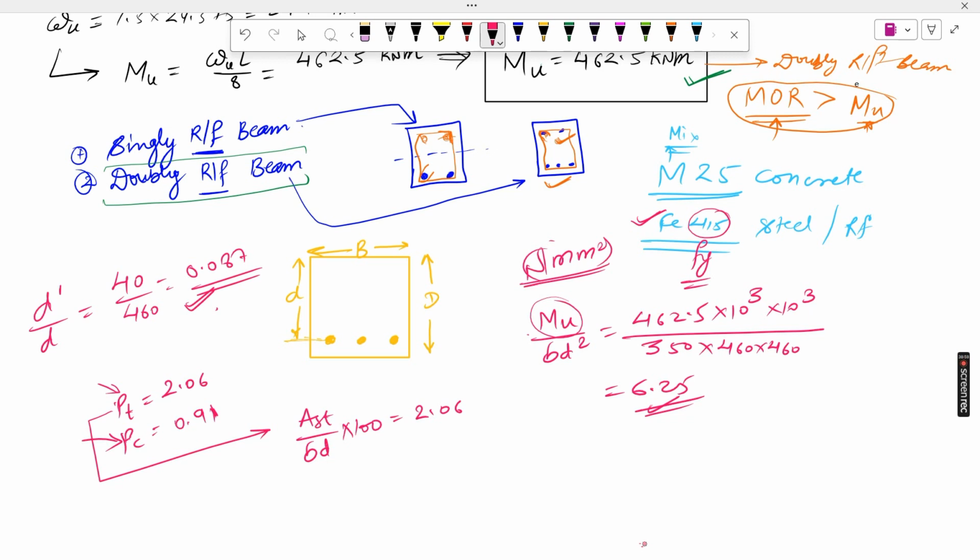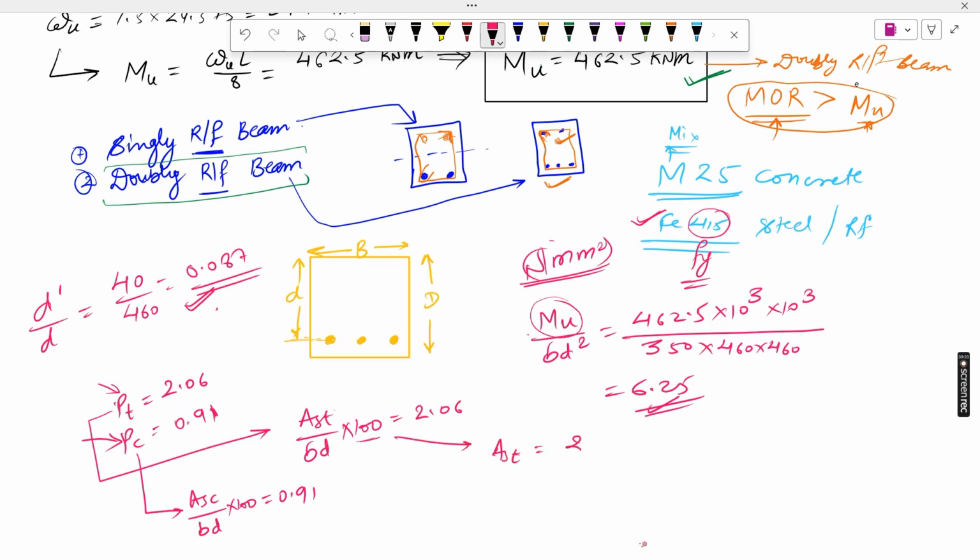That's why we have to divide by the effective cross-section area, that is B into D, and for percentage you have to multiply by 100. And PC is ASC for the compression effective area, multiplied by 100, that is your 0.91. So you can get AST from here.